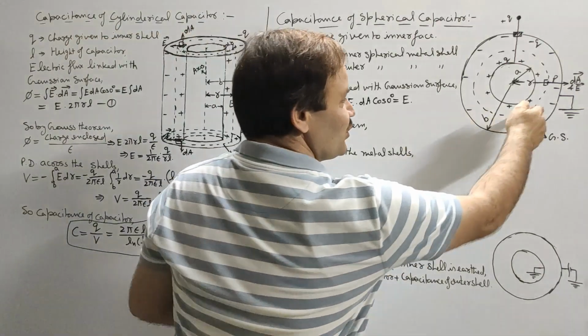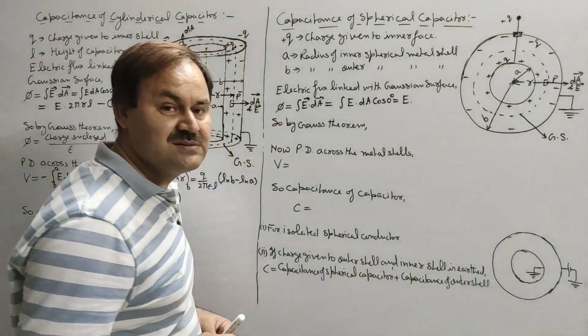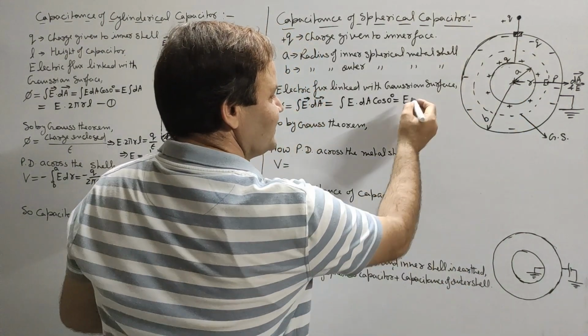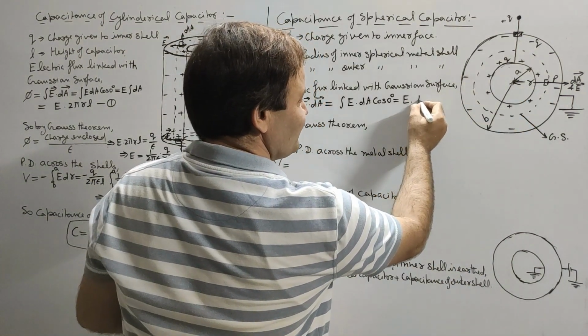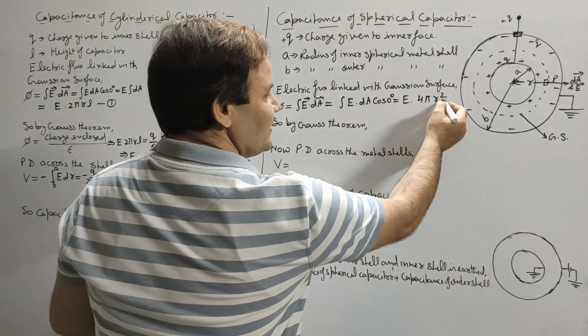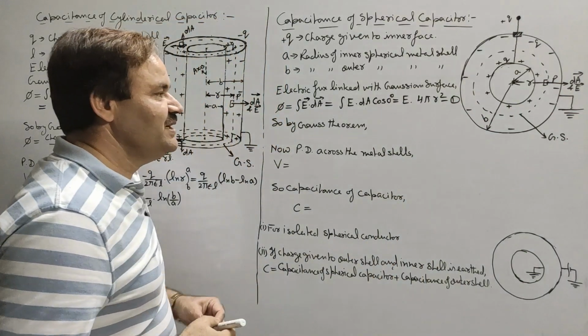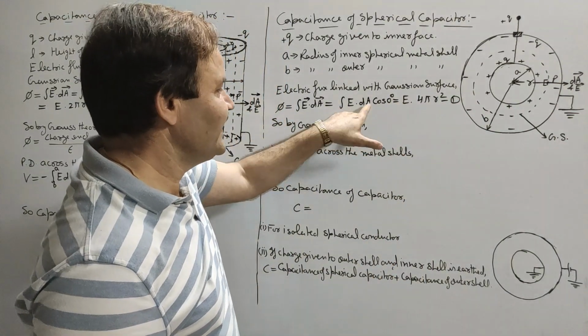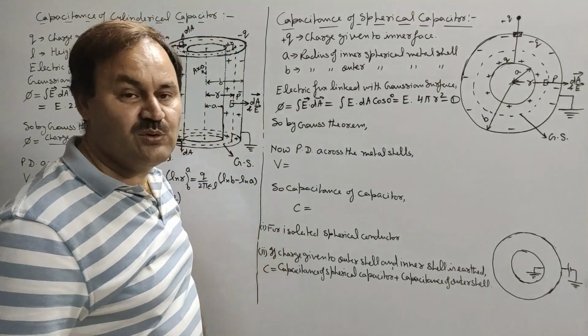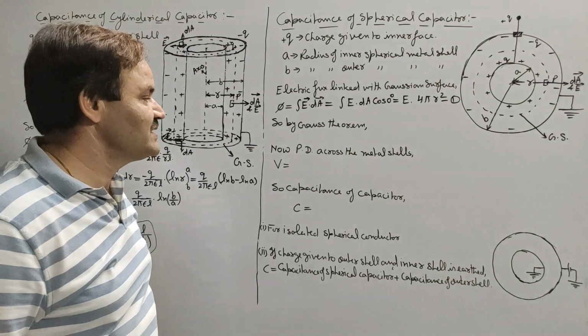Integral dA means total surface area of Gaussian surface. As radius of Gaussian surface is r, the total surface area will be 4 pi r square, cos 0 being 1. So E into integral dA, 4 pi r square, gives the total flux linked with Gaussian surface.